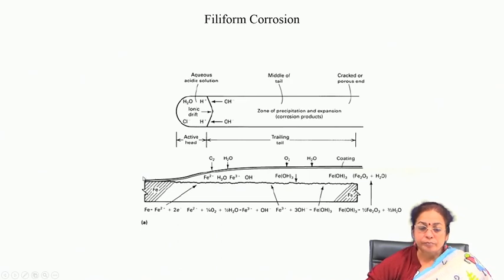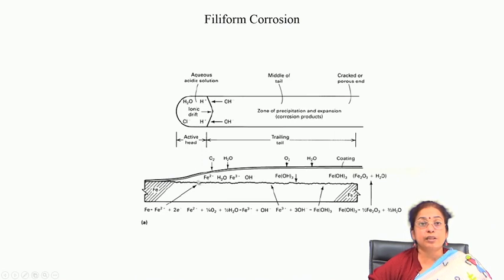Initially the attack starts at some region where there are small perforations or damage or porosities on the paint surface, but as soon as it forms, one end gets opened, and through that end there is water molecule migration, then differential aeration cell formation, and subsequently corrosion of the other part of the metal.